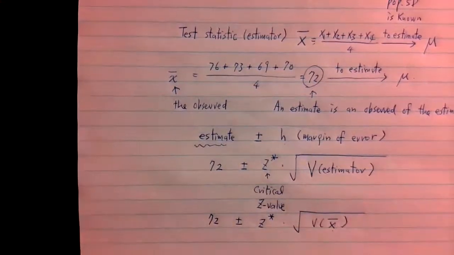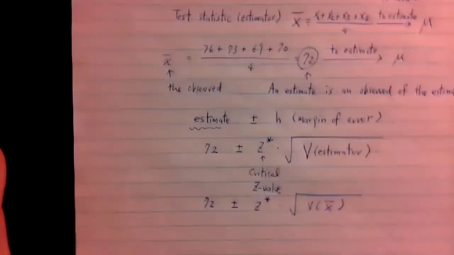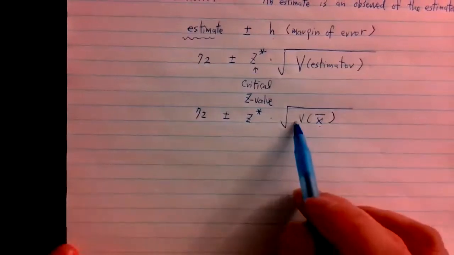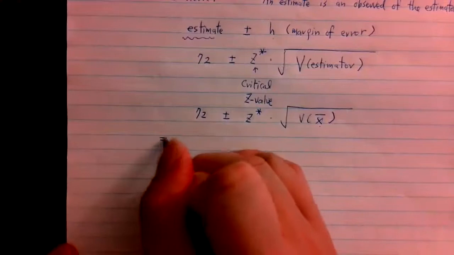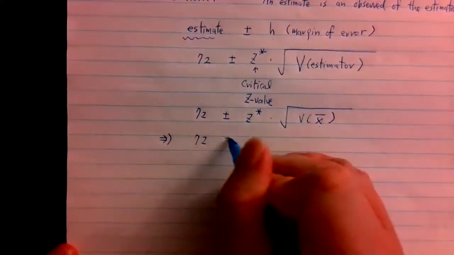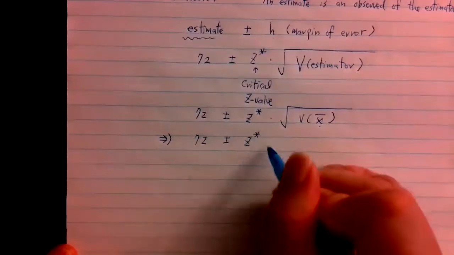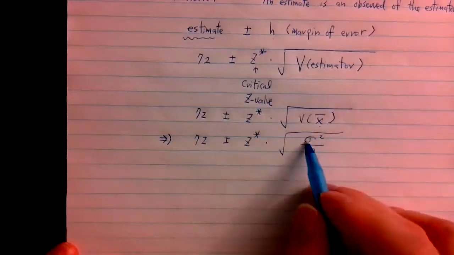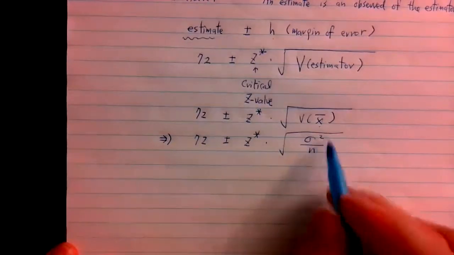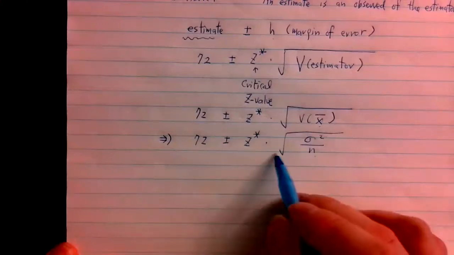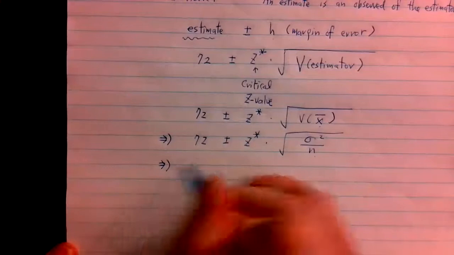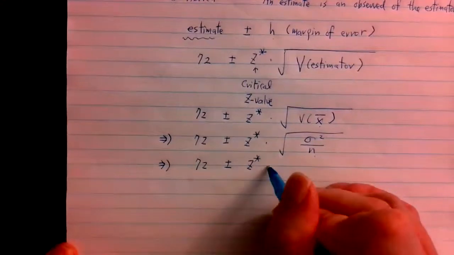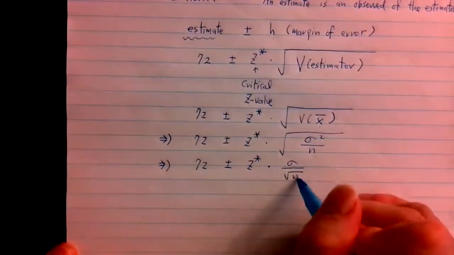We use the sample mean to estimate the population mean. So the variance of X bar, something you learned from the central limit theorem already, is sigma squared over n, the population variance divided by the sample size, and then you take the square root. This is 72, give or take Z star times sigma over square root n.